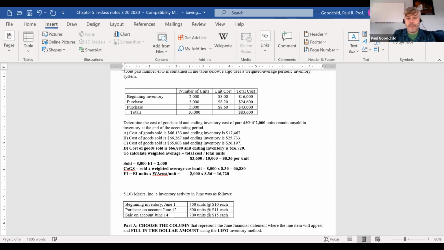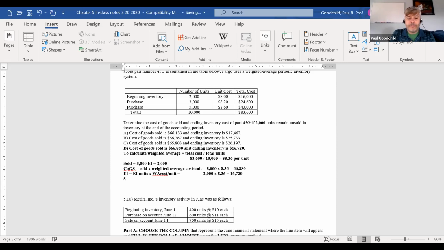So you could do it that way too, or you could just take the 83,600 minus the 66,880, and that would equal your 16,720. Okay, any questions there?